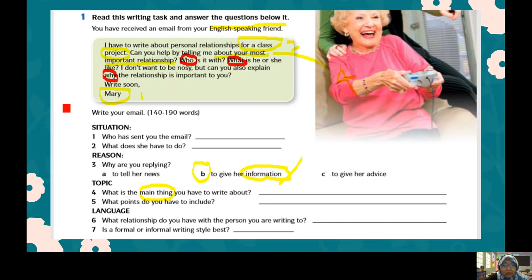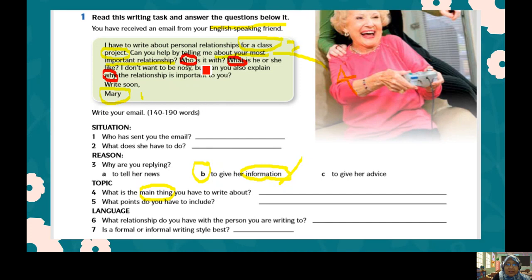Next one, language, bahasa. What relationship do you have with the person you are writing to? Awak rasa apa hubungan yang awak ada dengan Mary? What is your answer? How do you want to know the answer? Look again from the first words there.